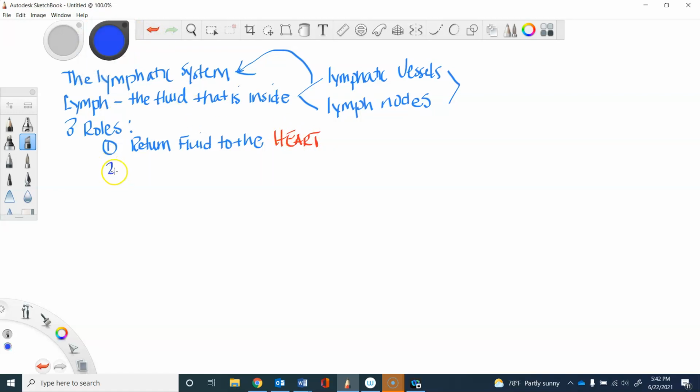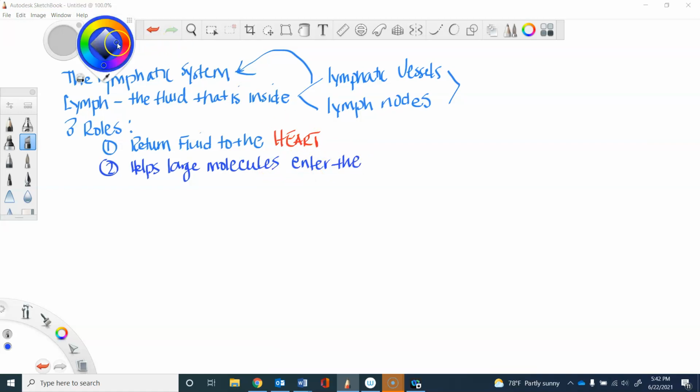All right, the second thing that it does is that it helps large molecules enter the blood.